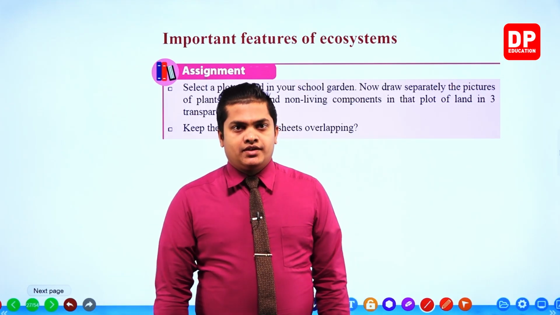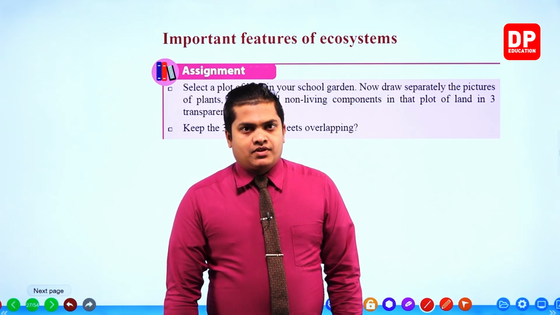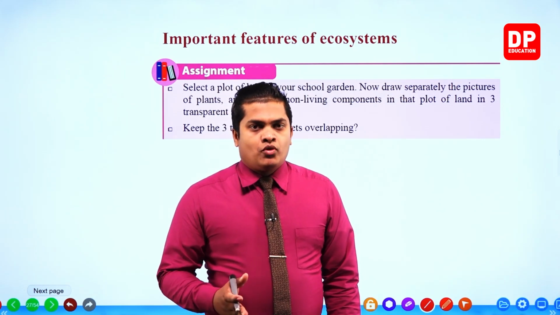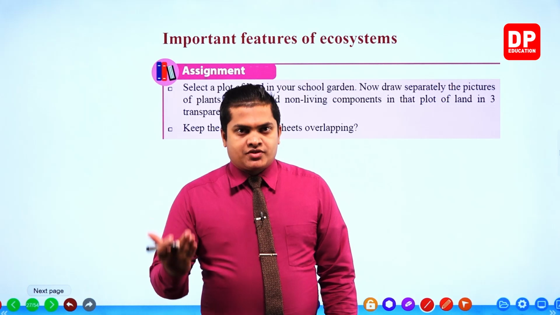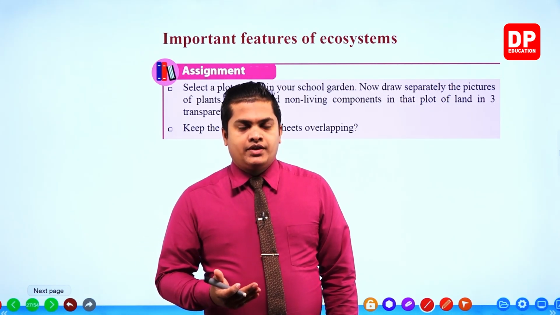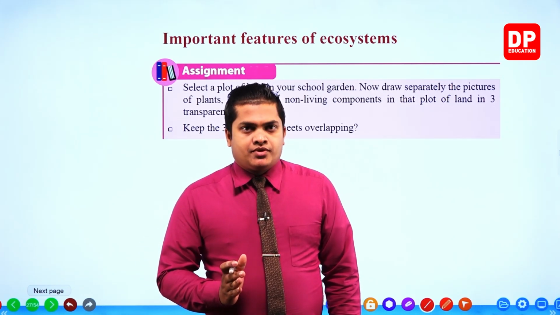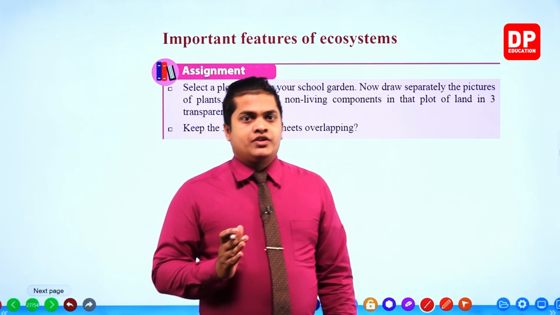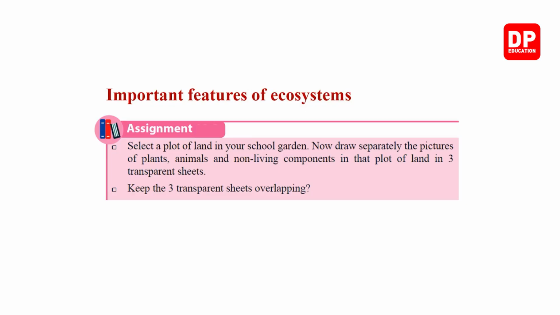So my dear children, in the earlier chapters, we discussed several things regarding the importance of biodiversity and threats to biodiversity, right? Here within this chapter, we'll be discussing certain types of features that can be observed in ecosystems, right?